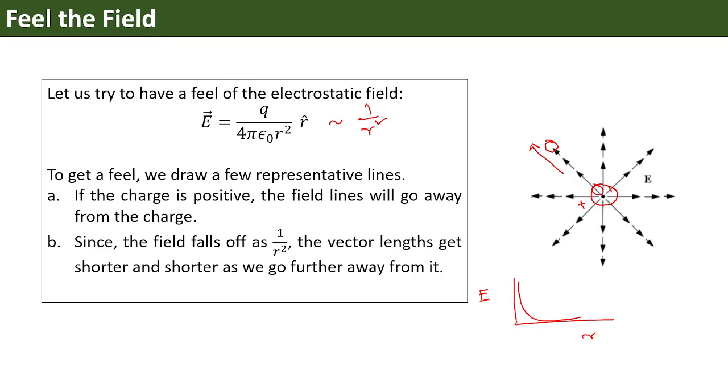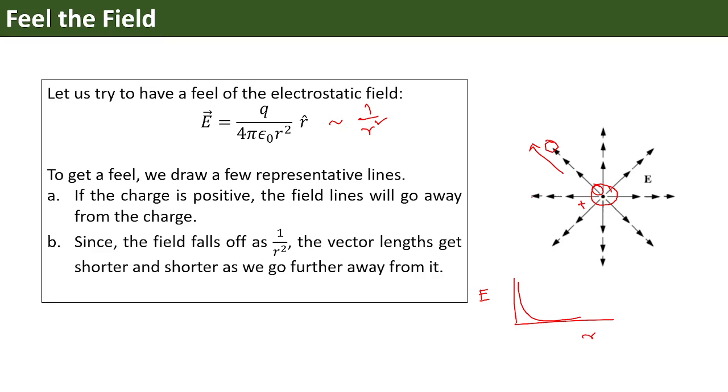Now how many lines can you draw? As many as you wish, because it depends upon your skill of drawing and the sharpness of the pencil. But one thing is sure, that the field is seen to fall as 1 upon r square. So now why have we shortened the vectors?